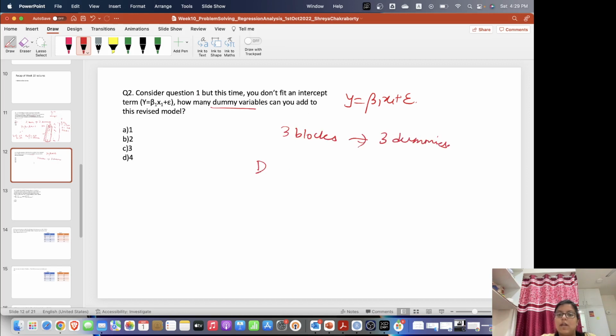So you can add D1, which is 1 if A, D2 is 1 if B, and D3 is 1 if C. Since in this model the intercept term is not there, you have to use 3 dummies to model this one. So the answer is 3.